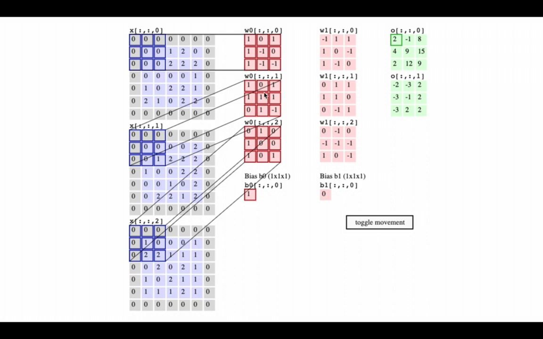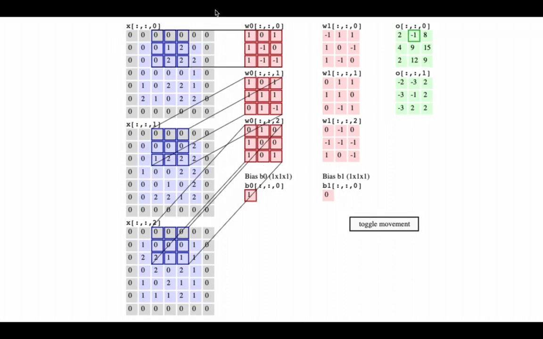Once we sum up all those numbers, we add this bias number 1, and then we put it into the output image as 2 over here. Then we can do the sliding window. In this case, our filter has a stride of 2. That's why we shift by 2 pixels, and we do the same calculations.